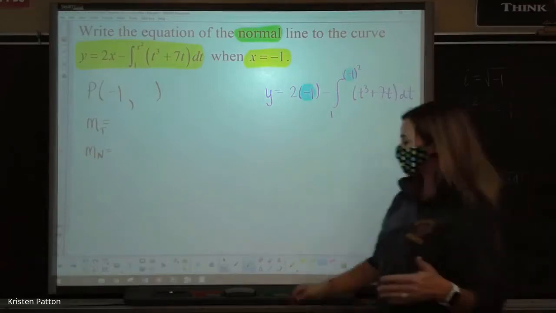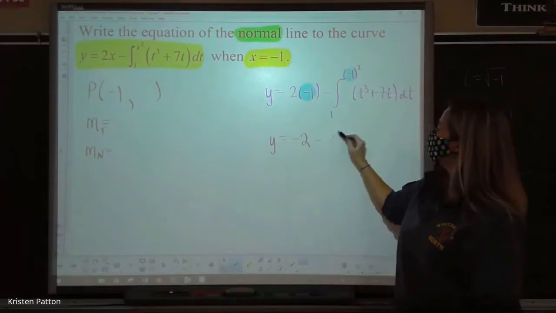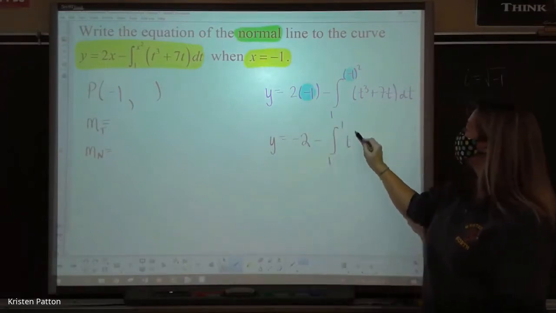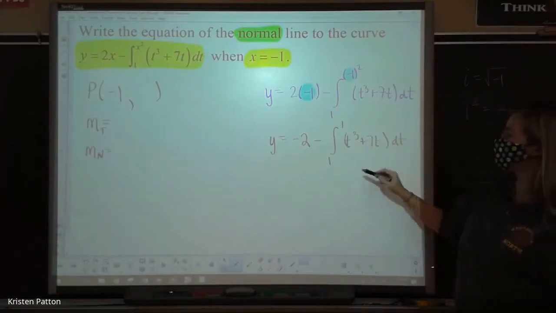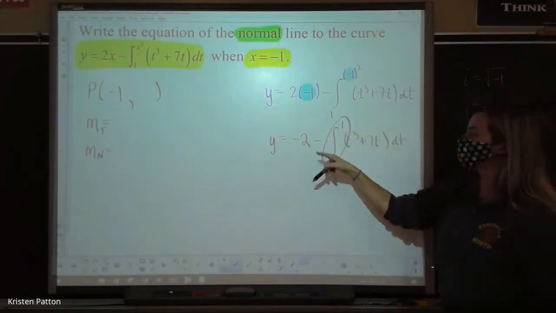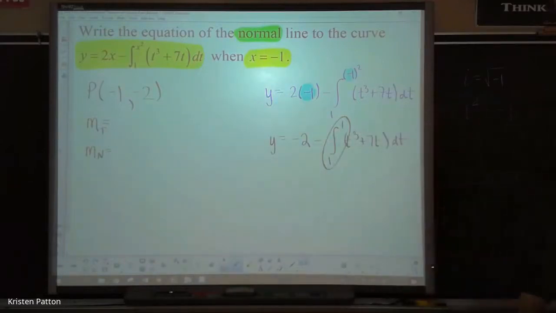I know it looks like a mess, but clean it up a bit, and we have -2 minus the integral from 1 to 1. What's the integral from 1 to 1? 0. So we really have a y value of -2. It looked like it was going to take us forever, but it didn't. Right? That 0 property says when your bounds are the same, the integral or the area is 0. I like that.